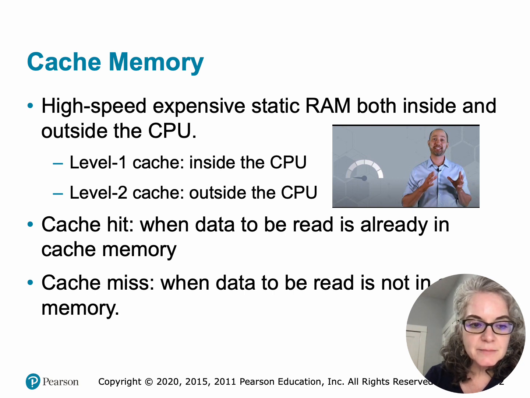Then we have these two terms, cache hit and cache miss. Cache hit just means the CPU went to look for the data, to read it, and it's in cache memory. Cache miss is when it's not in cache memory.